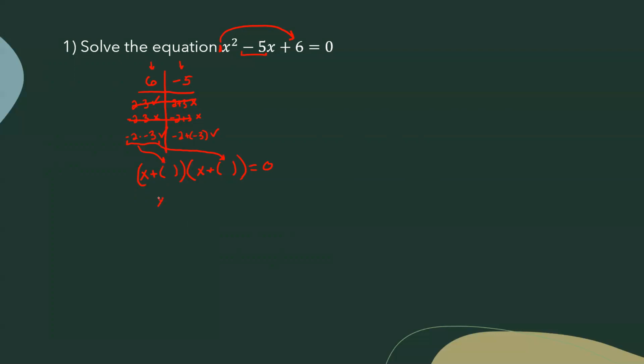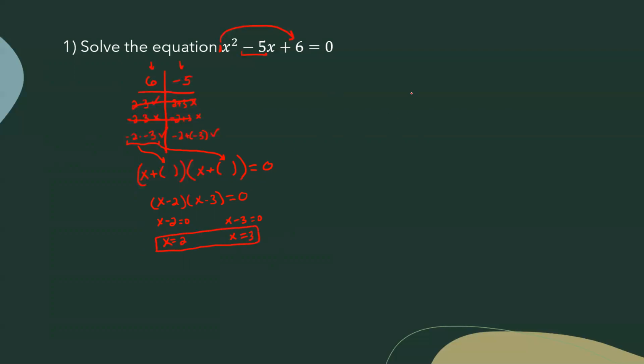So you just have x minus 2 times x minus 3 equals 0. So when you solve both of these individually, so x minus 2 equals 0, and then x minus 3 equals 0, you'll find that x equals 2 and x equals 3, just like that.